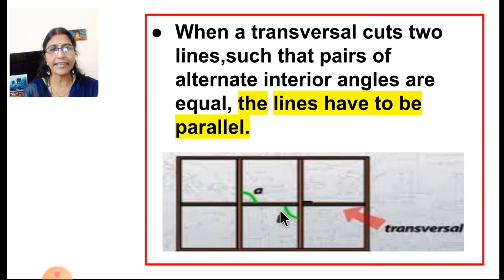Here you can see two angles are formed, and they are inside, so they are interior angles and they are alternate to each other. This is angle A, this is angle B, which are alternate to each other, so they are called alternate interior angles. So when alternate interior angles are equal, then the lines have to be parallel. You can see here these two lines are parallel.